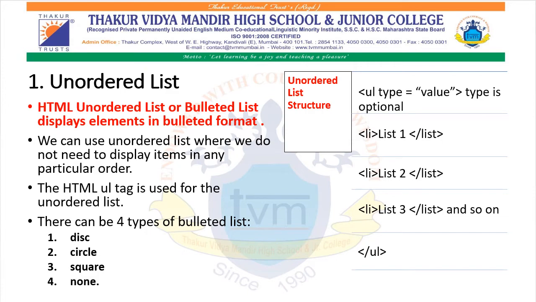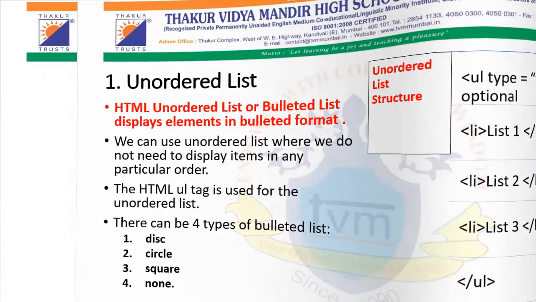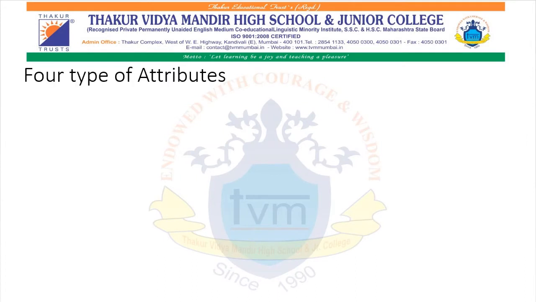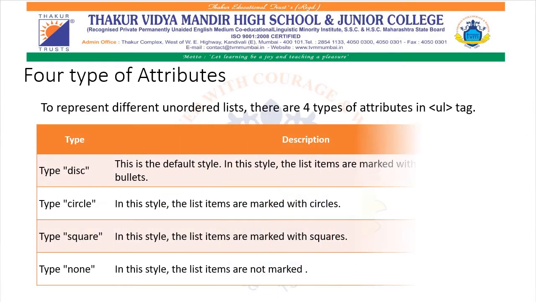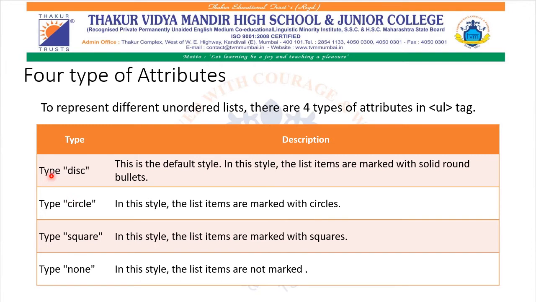The first type is disk. This type is default. That means when no type attribute is used in the open UL tag, then by default the disk bullet will appear on the HTML page. Disks are nothing but the solid round bullet. Second type is circle.